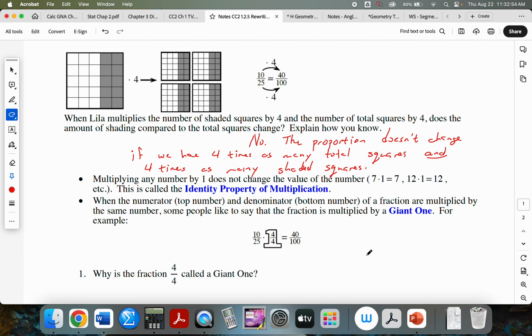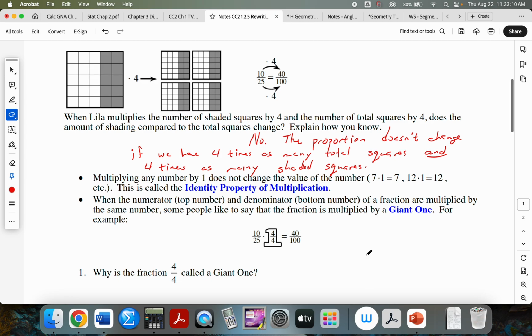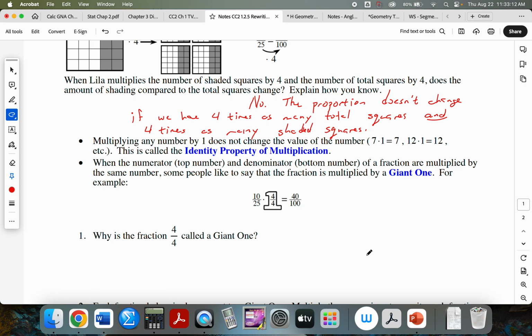I have a former colleague who called it a fufu, which stood for a fancy form of 1. In any case, this is what it looks like. They're taking the 10/25 and multiplying it by 4 over 4, which is just another form of 1.